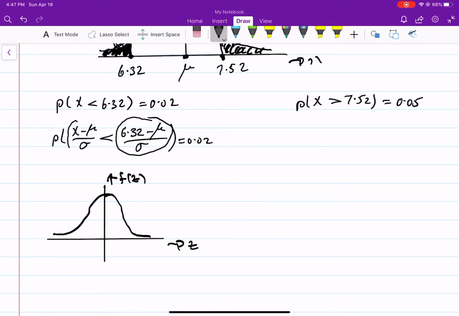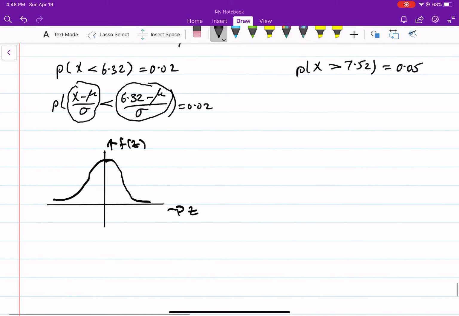This is just a generic variable representing z. So I'm going to rewrite that as the probability that z is less than... Now the only way I can get a probability of 0.02 with less than, if I start here, less than means I'm shading over to my left. So that's actually a minus z1. So the probability that z is less than minus z1 is equal to 0.02.